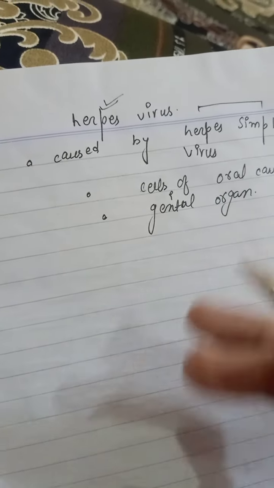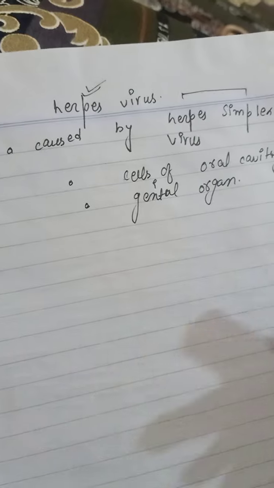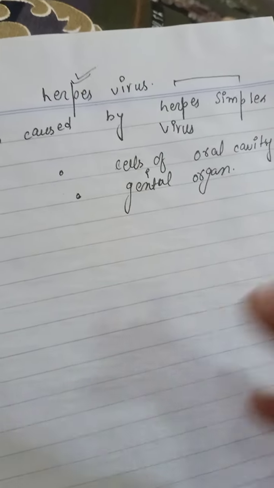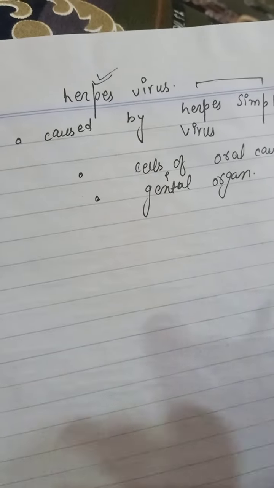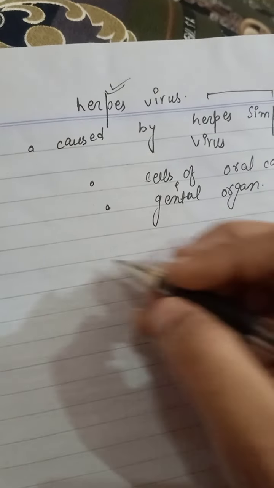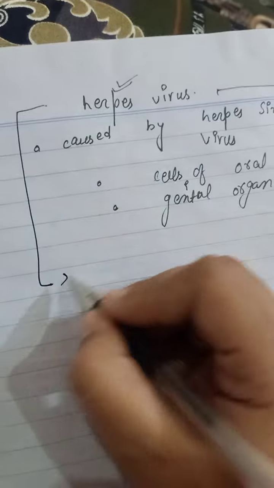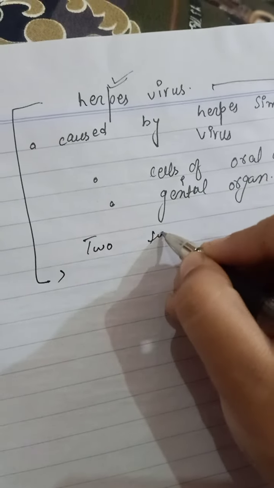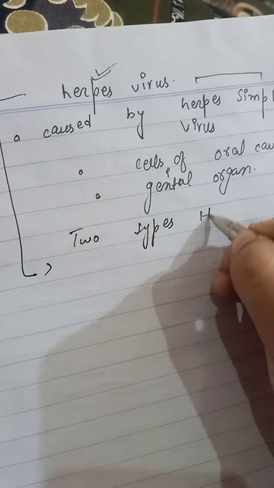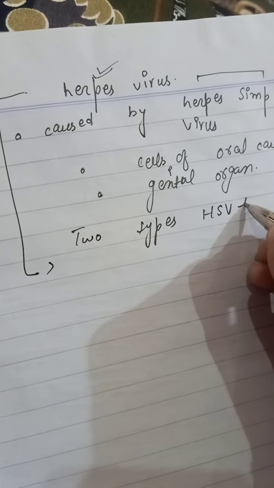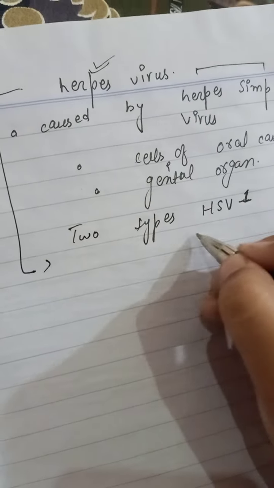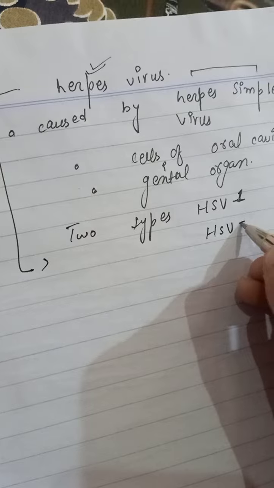Now let's talk about the herpes virus. Herpes virus affects the mouth and the genital organs. Through the genital organs we'll be learning symptoms and transmission as well. The herpes virus has two types, HSV1 and HSV2.